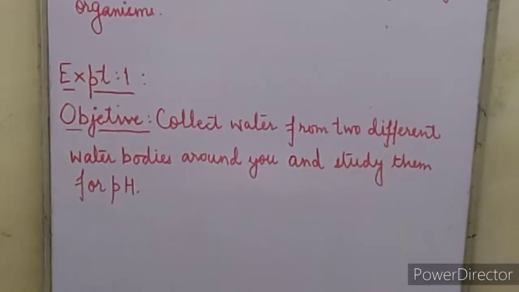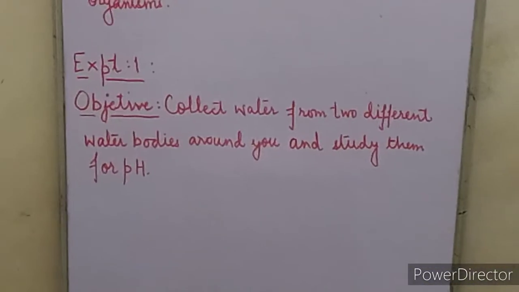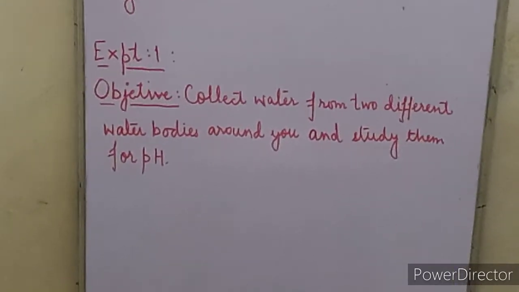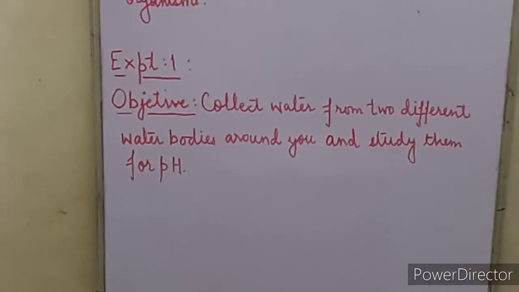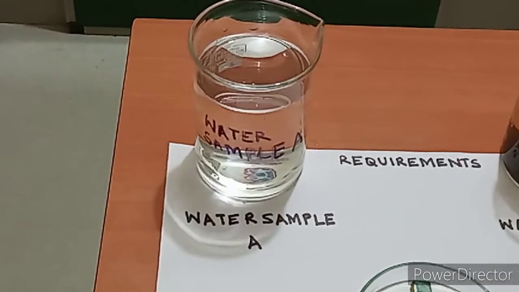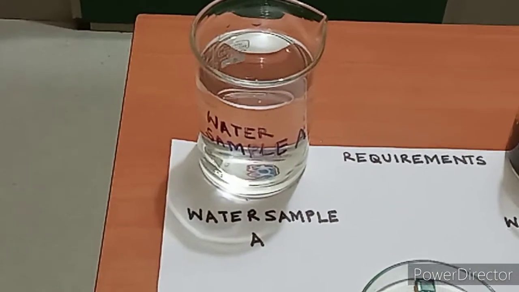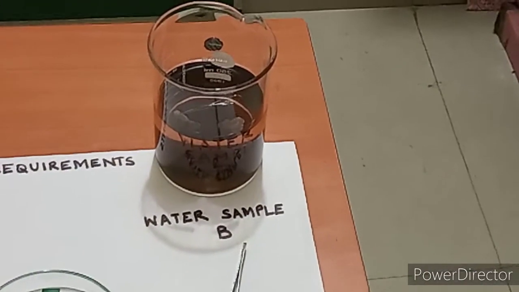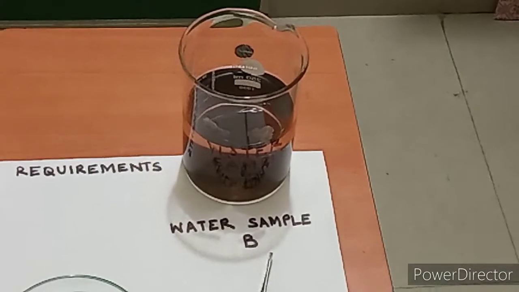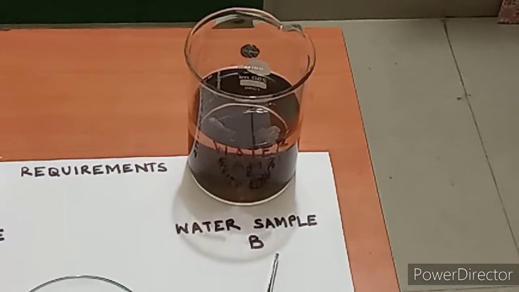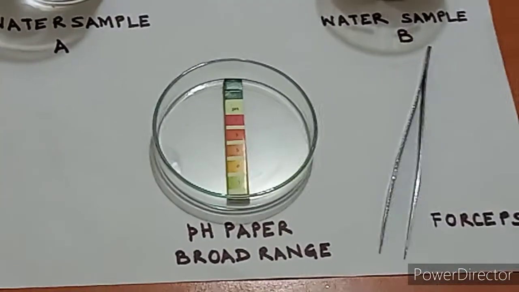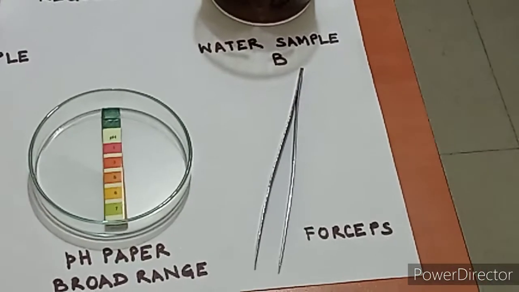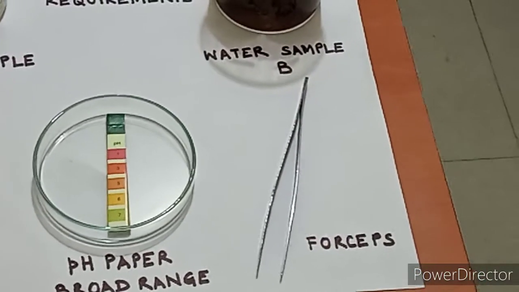The requirements for this particular experiment are water sample A, which we have collected from tap; water sample B, that is collected from a pond; the pH paper, that is broad range; and the forceps. Now we are going to start the experiment.